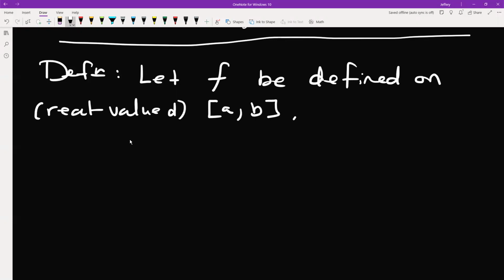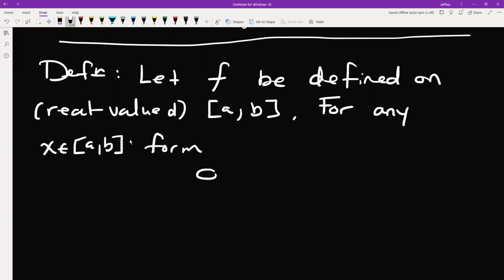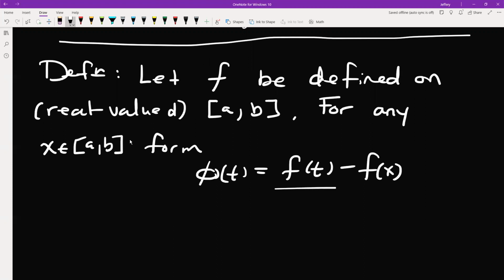Then for any x in that interval from a to b, we're going to form a quotient. You probably recognize this as the difference quotient. So we're going to form phi of t, which is equal to f of t minus f of x over t minus x.